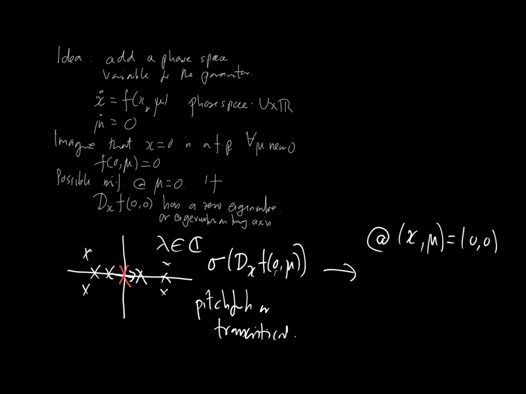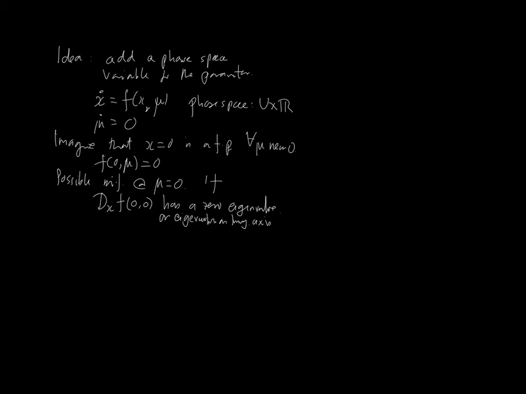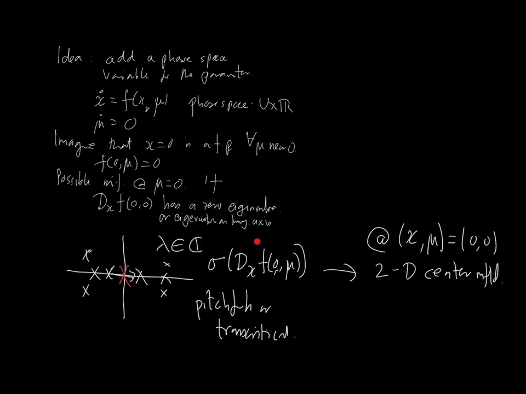This is now in our expanded phase space, U cross R. At this point we would get a 2D center manifold, because you have one 0 eigenvalue coming from the spectrum of this, and one 0 eigenvalue coming from mu dot equals 0, because you're in this augmented phase space.